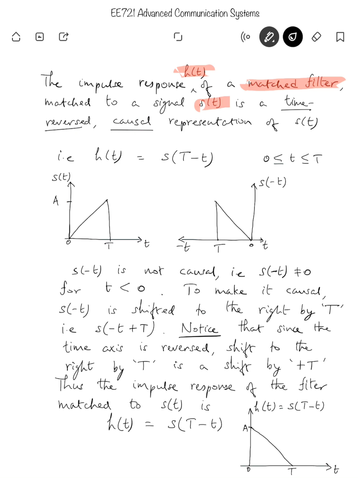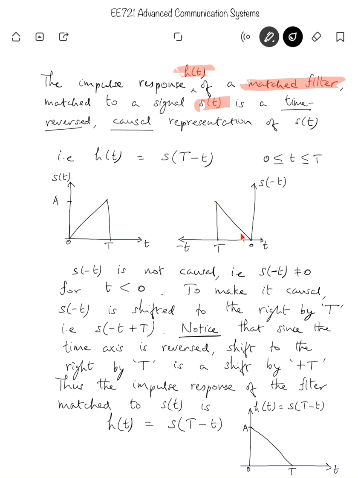So what do we mean by time reversed first? Time reversed means rotating this time axis to the other side. When you rotate the time axis about the amplitude axis, you get s of minus t, which will be like a mirror image of s of t.